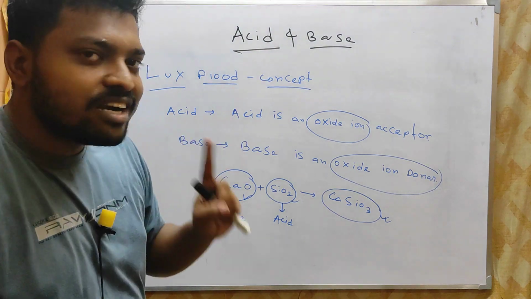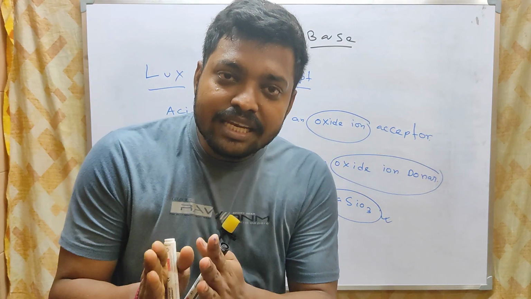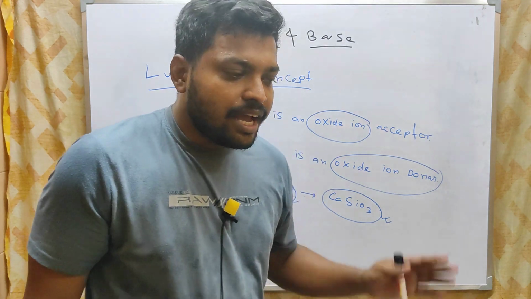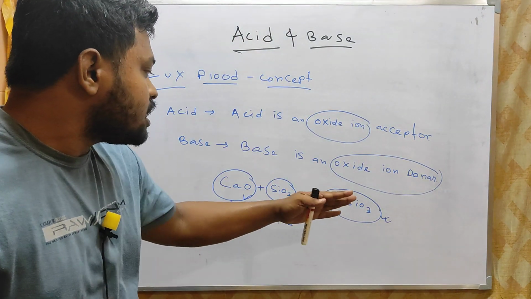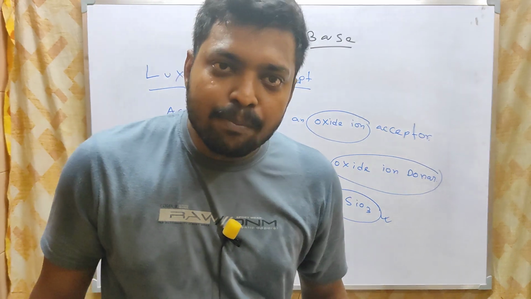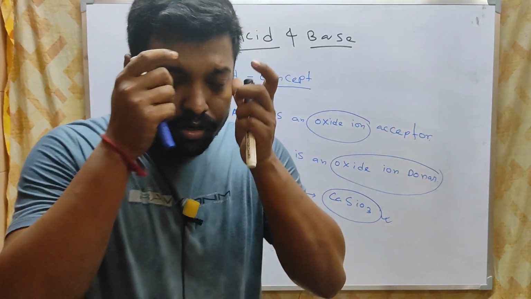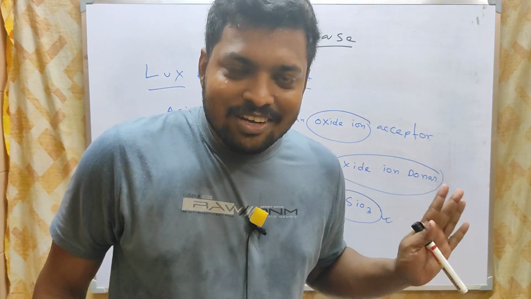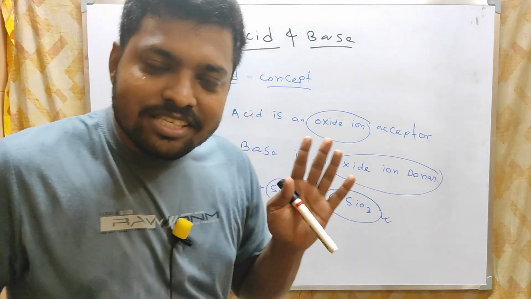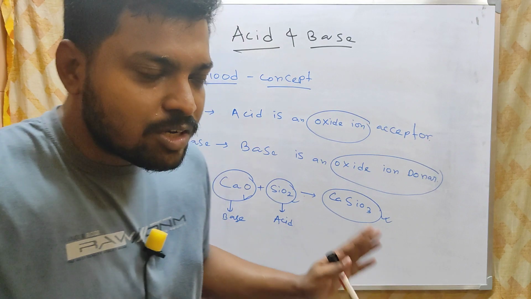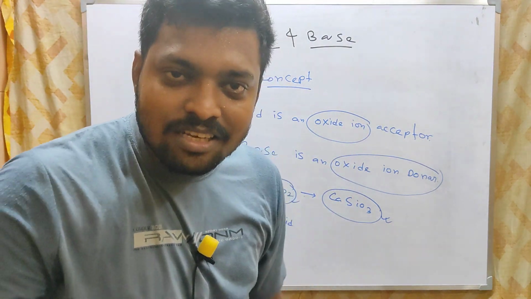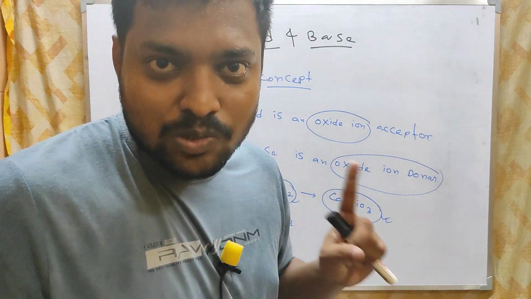So 4 different concepts define acid and bases in different ways. I hope you understand very well. Now we will discuss another part of acid and bases, that is the conjugate acid and conjugate base.